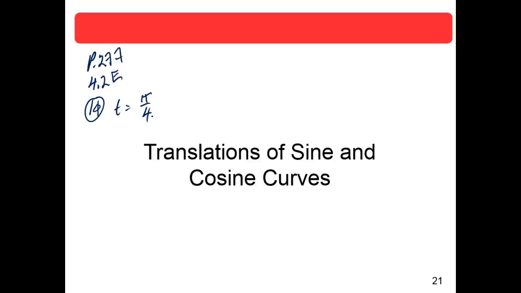Now, that's the same as number 13, which says, evaluate, if possible, the sine, cosine, and tangent at t equal pi fourths. Well, it's the same value. T is the same value, is what I mean.